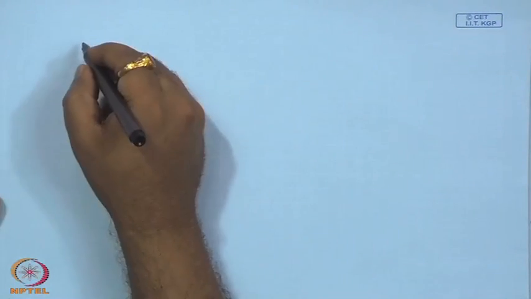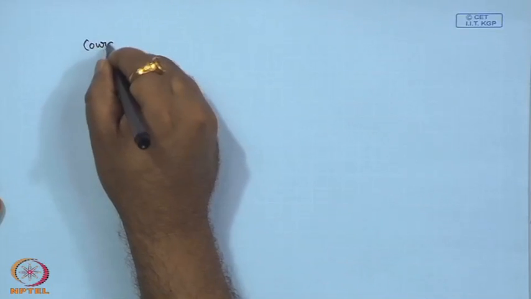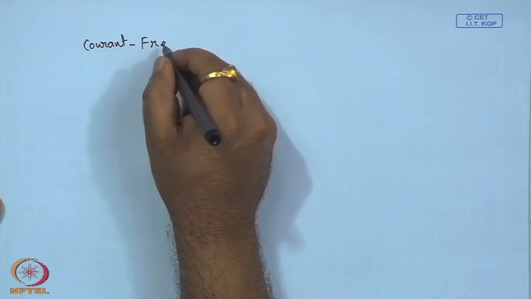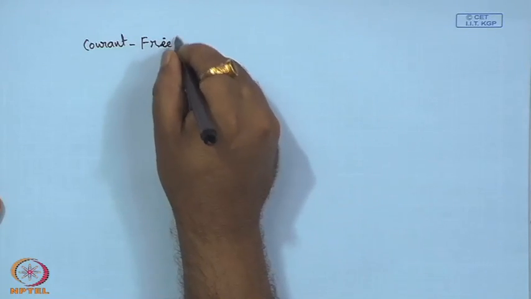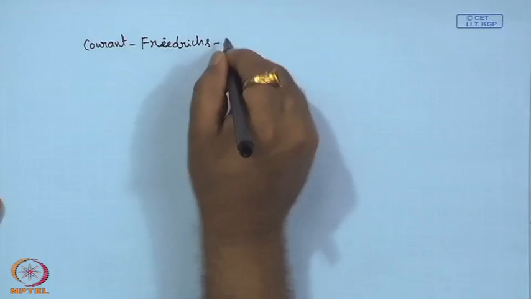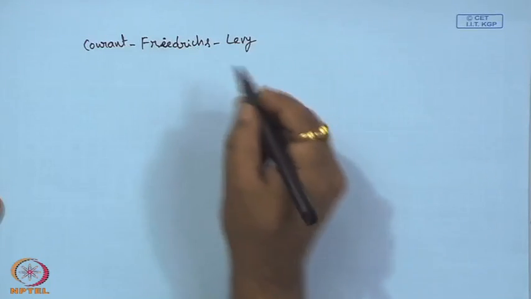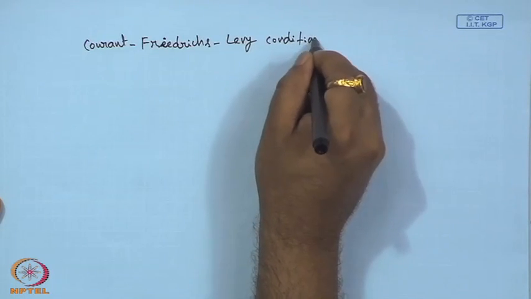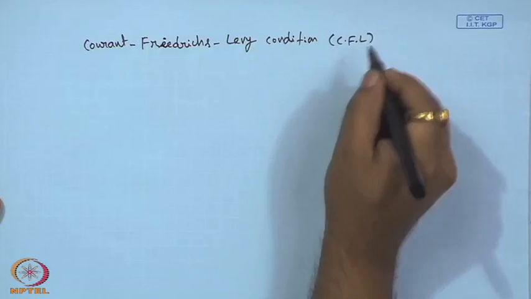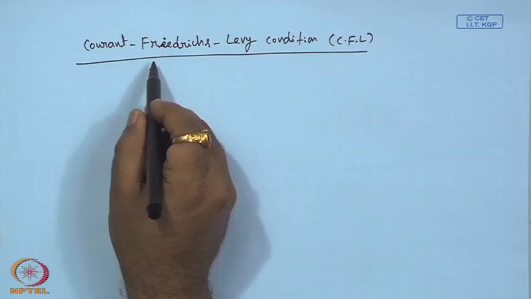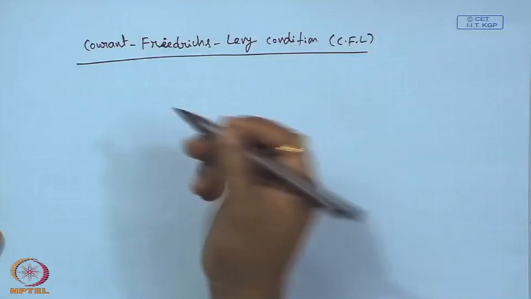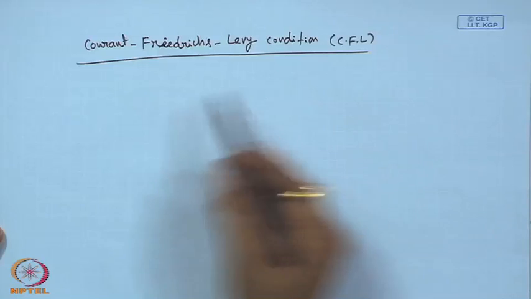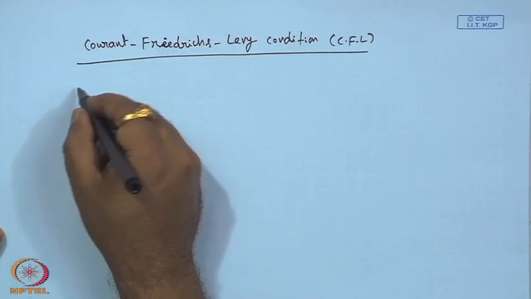This can be explained suitably via the Courant-Friedrichs-Lewy condition, popularly known as the CFL condition. It discusses such unstable behavior.